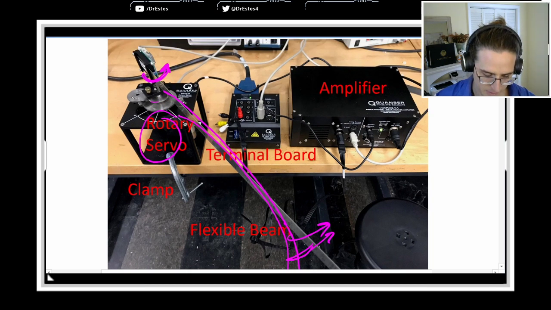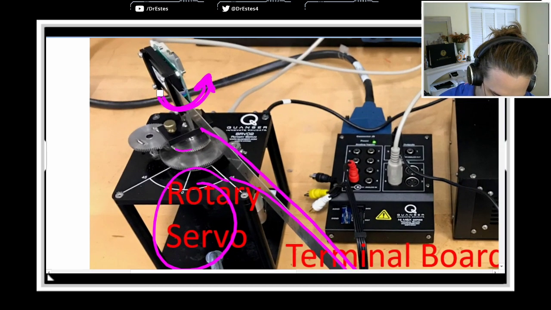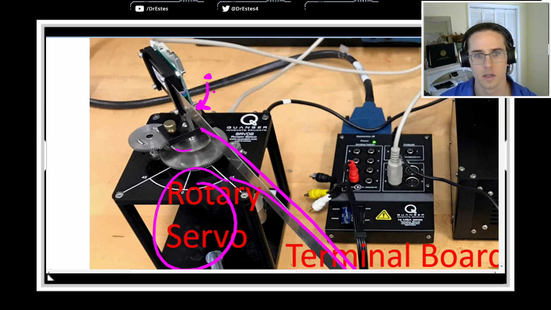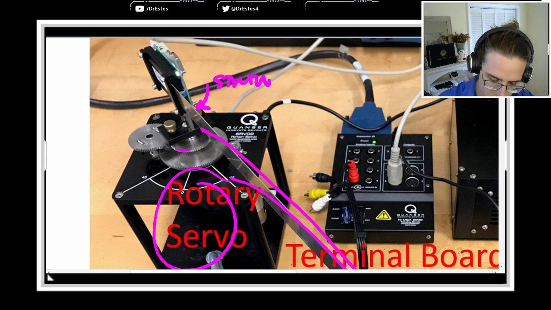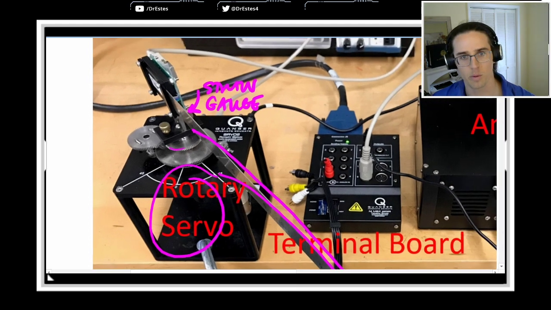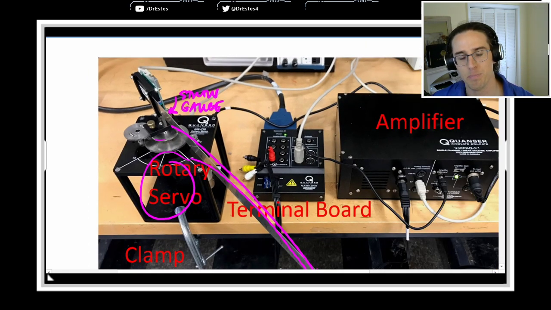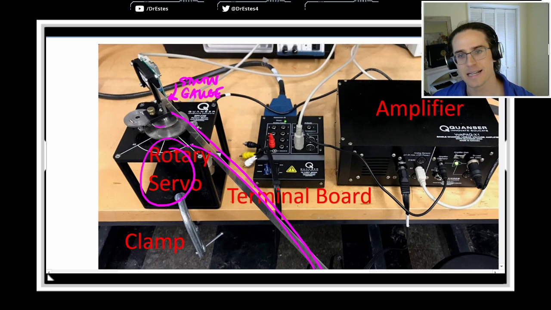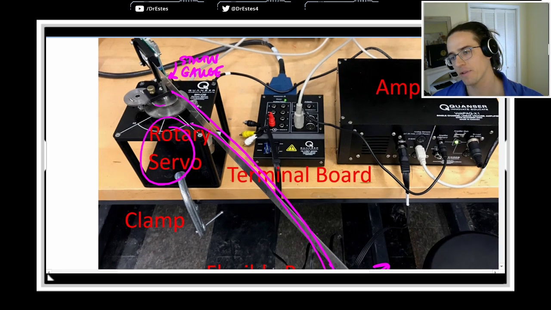And at the base of the beam, maybe if I zoom in here, actually I think it's on the other side of the beam, there's a strain gauge here. And so that's going to deform as the beam bends. And that's how we're going to have a calibration quantity related to the deflection of the beam.